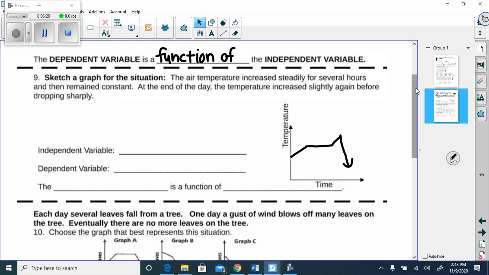Okay, so the independent variable is my what values? And which one of these words is on the x-axis? Time. So my independent variable must be time. Therefore, my dependent variable must be, very good.